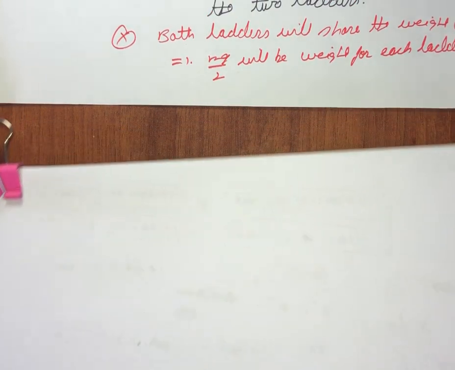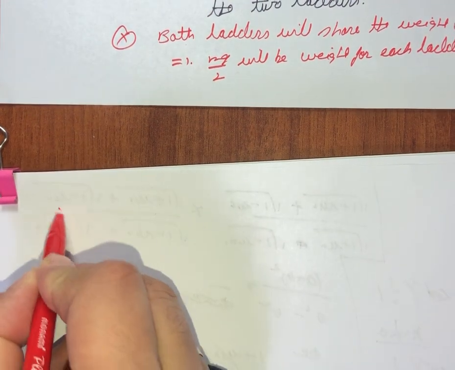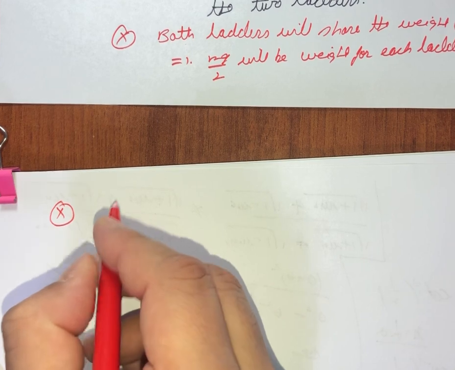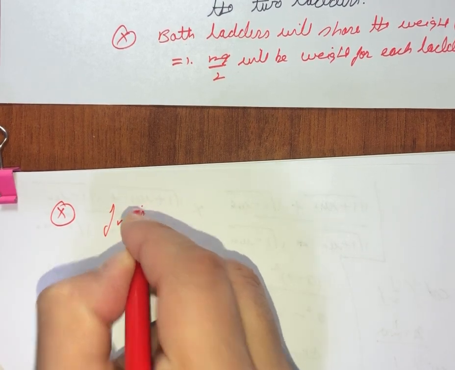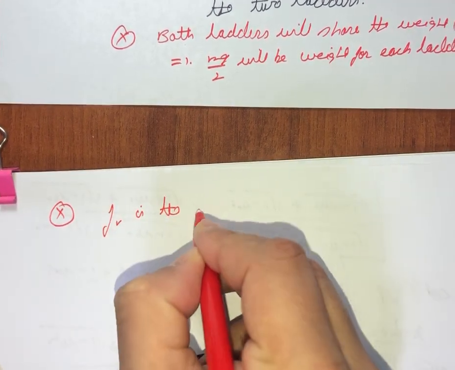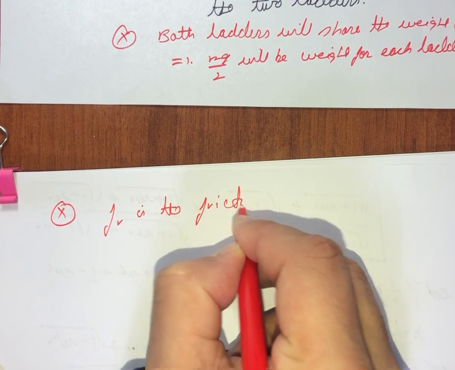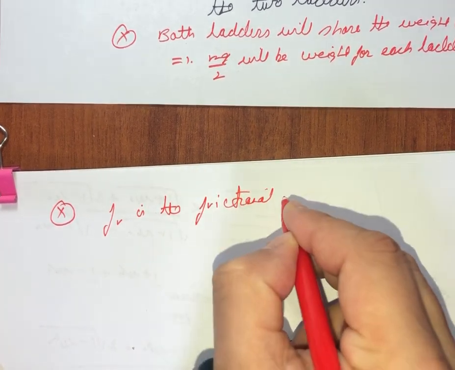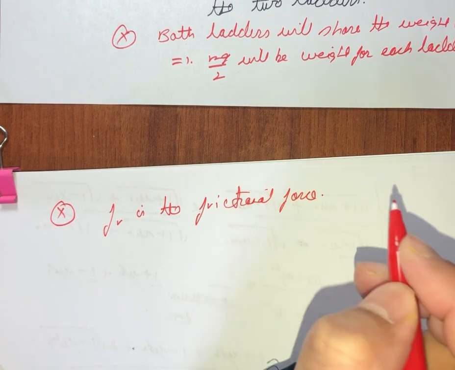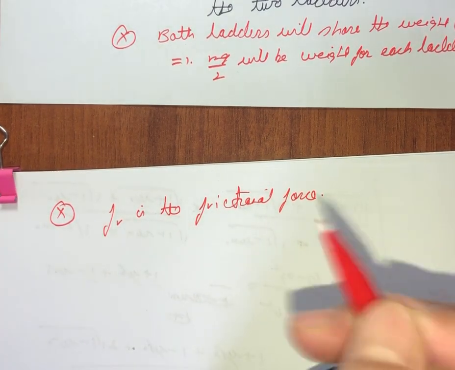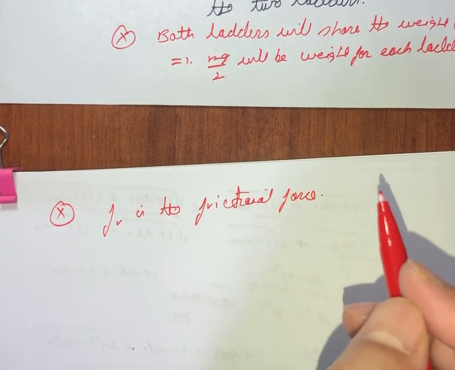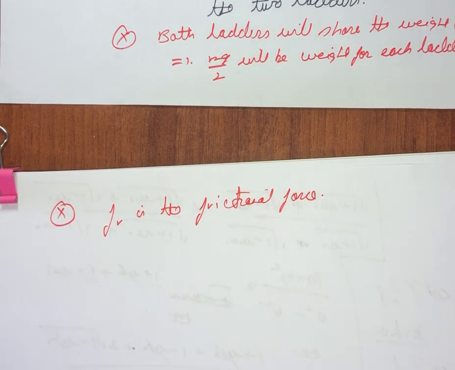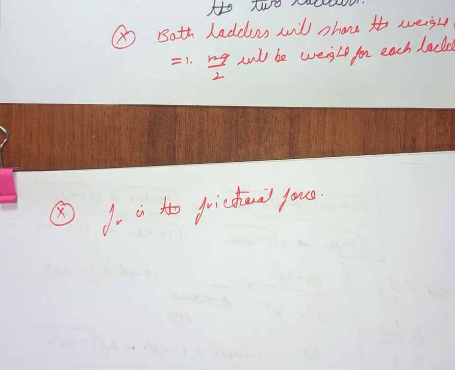Next is our frictional force Fr. Fr is the frictional force. So these are all the forces, and it's given that the system is in equilibrium.